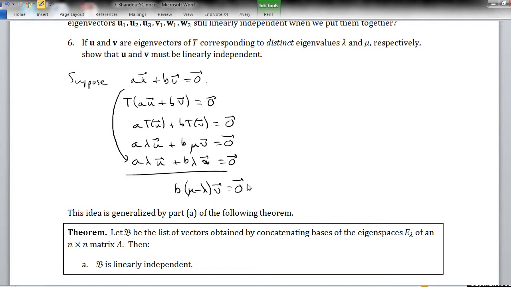That's equal to 0. Remember, we assumed that these eigenvalues were distinct, meaning not equal, and therefore mu minus lambda is not equal to 0. And we know that v is non-zero because it's an eigenvector, and eigenvectors are not allowed to be 0. So the only way this product could be 0 is if b is 0.